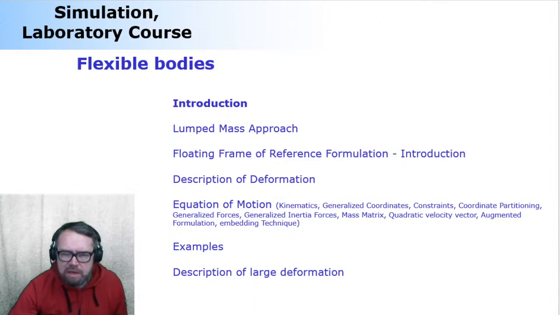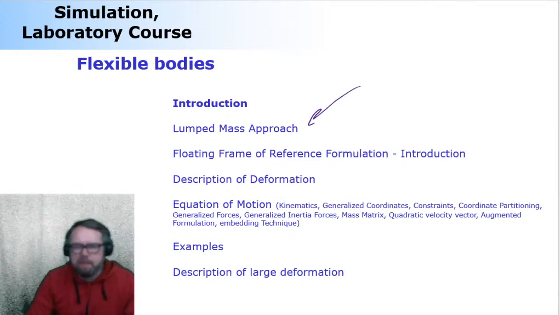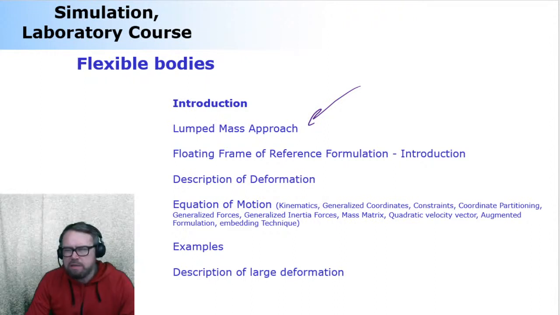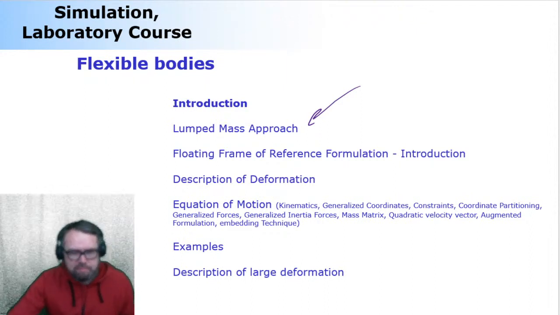And when I'm introducing this lumped mass approach, then it also becomes clear what a numerically stiff system is. And then we're going to move on to a more detailed explanation about the description of deformation, how we can actually describe the deformation, what are the ways to do it. And then we're going to take a look at finite element modeling. And that's about it. That's how it goes. And with that, let's get started.